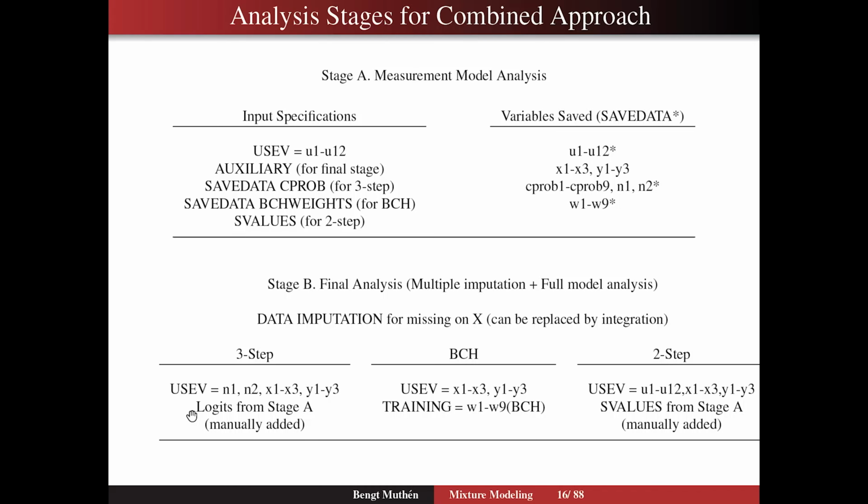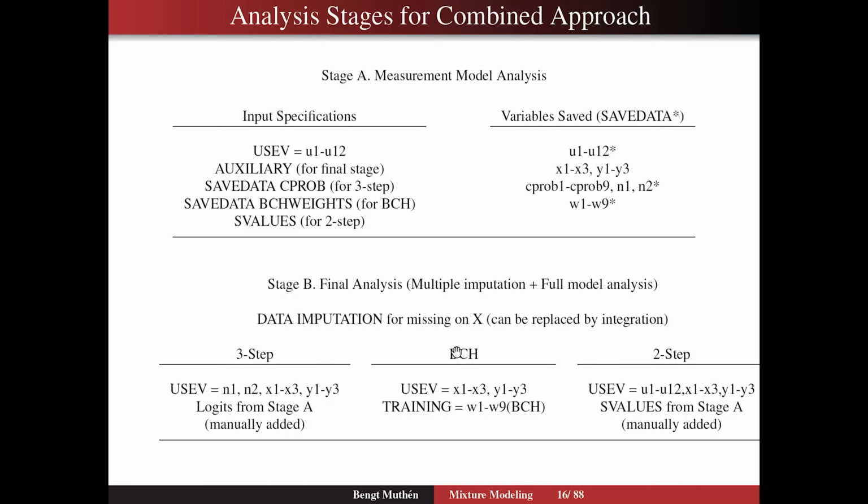For 3-step then, we also have to look at the logits from stage A and copy those logits into the last step, manually added. BCH, however, has the convenience that you get the BCH weights in the first step, in stage A rather, and in the stage B analysis, you only have to specify the training option, W1 through W9, in parentheses BCH.